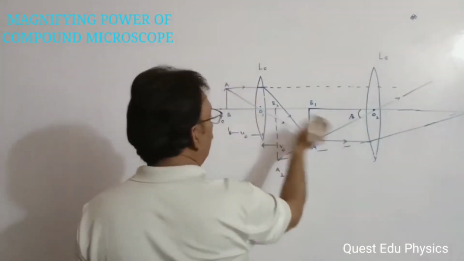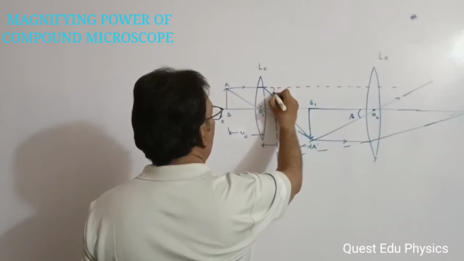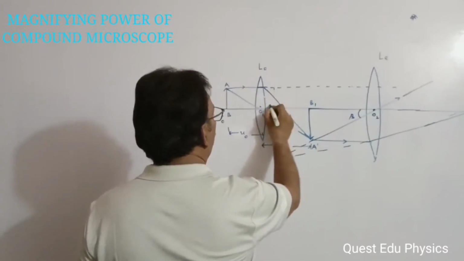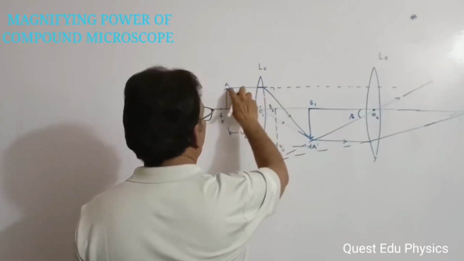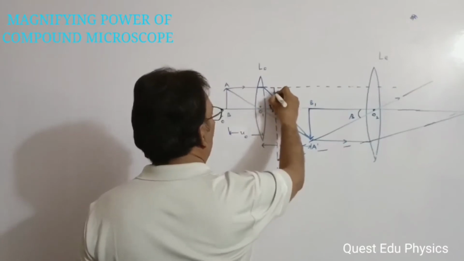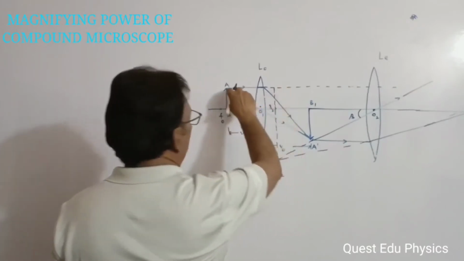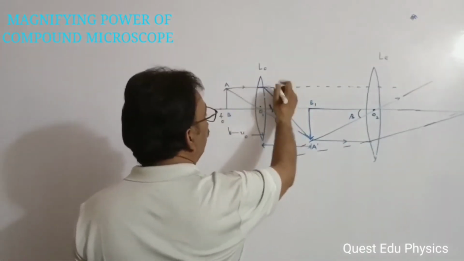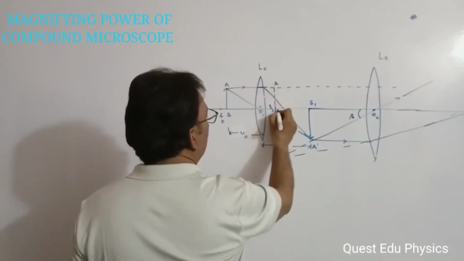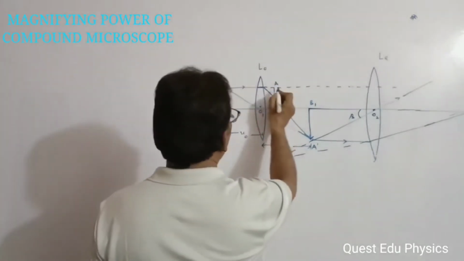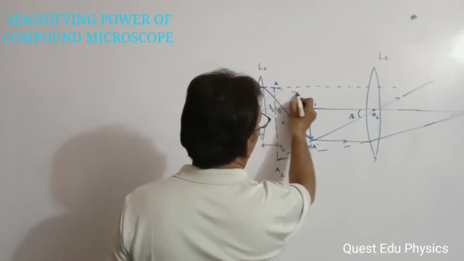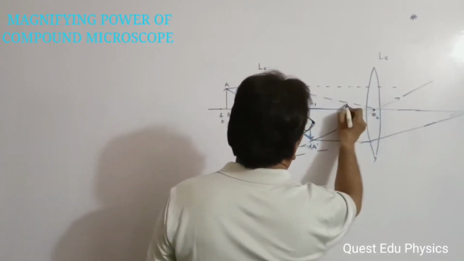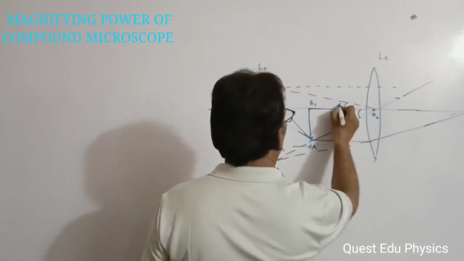And similarly, I'm taking a point from B2 and it is parallel to this. If it is AB, it might be equal to AB. It is AB, students. Then this AB is making an angle of alpha.